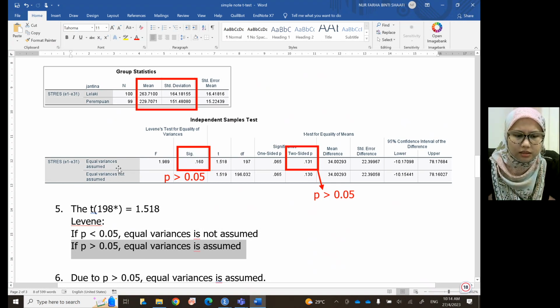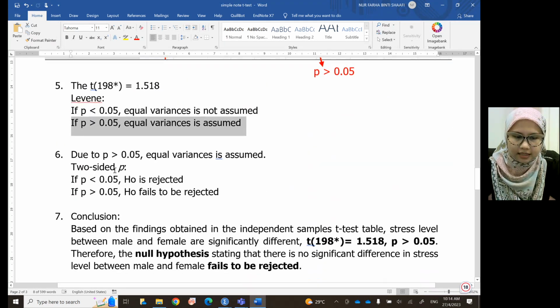How can you choose equal variance assumed? Based on your significance value under Levene's test, in which the value is more than 0.05. Your significance value under two-sided P is 0.13, which is more than 0.05.